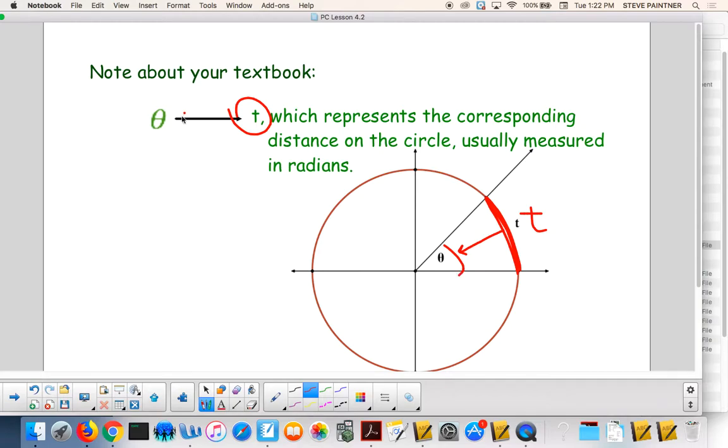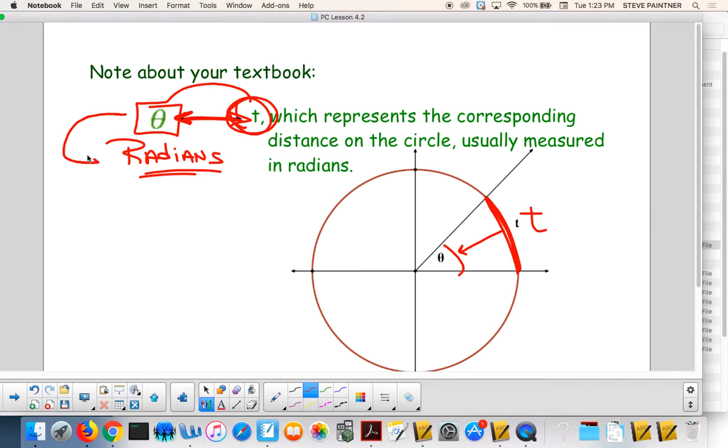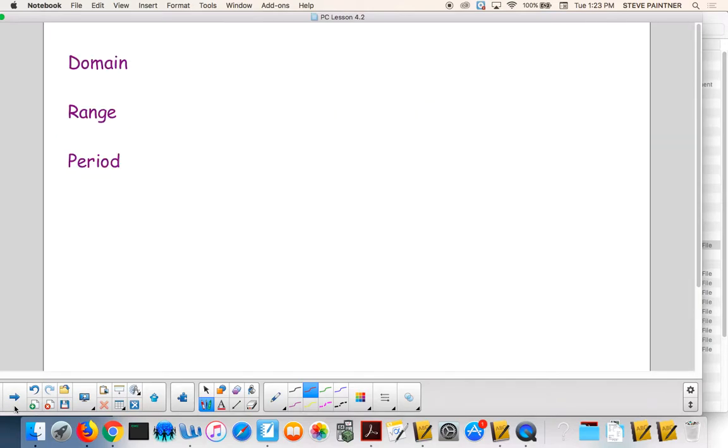So when you look in your book today and see the letter T, they just mean how many radians you wrapped around your circle. So T is radians, or theta measured in radians. There was nothing to that other than to let you know that your book went off and started talking about radians in the variable T.